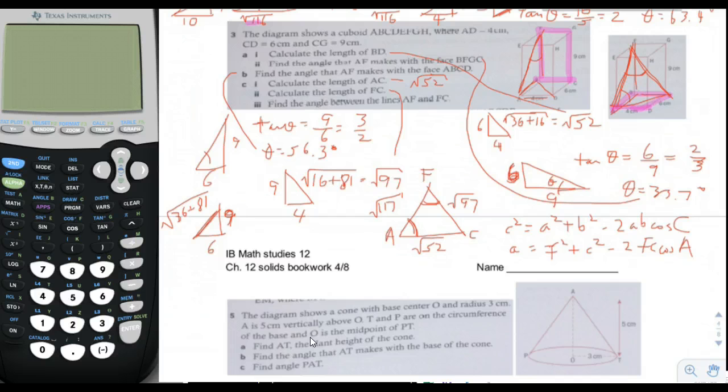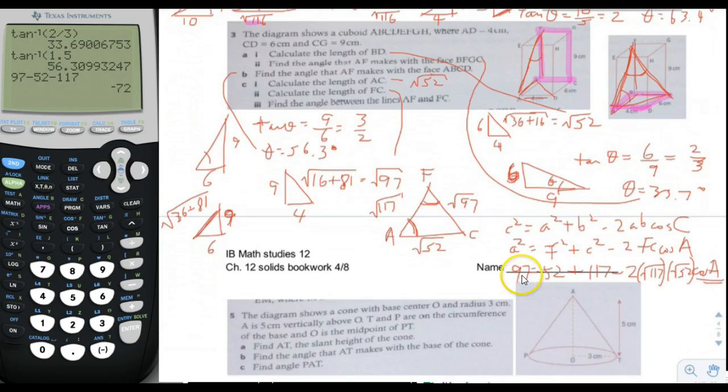So f squared is 52. c squared is 117. Minus 2 times f times c, which is square root of 117 times square root of 52, and then the cosine of a we don't know yet. And that's equal to a squared, which is 97. Okay? And so we could just solve that for cosine of a.